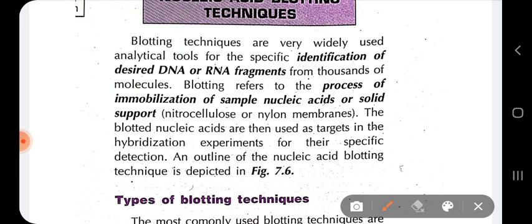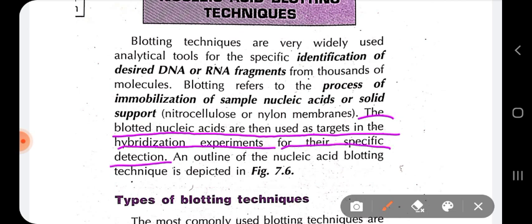So before that we have to immobilize that sample nucleic acid onto that nitrocellulose filter paper or nylon membrane. Then the blotted nucleic acids are used as targets in the hybridization experiments for their specific detection. There is an outline given on the nucleic acid blotting technique or nucleic acid hybridization technique on the next page.